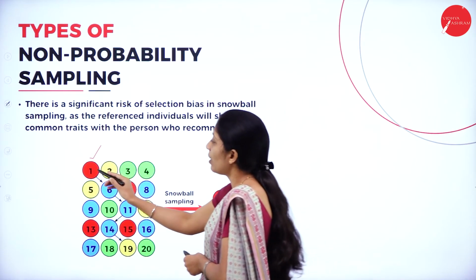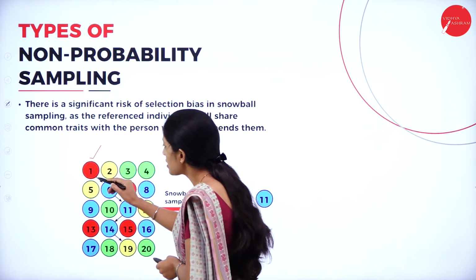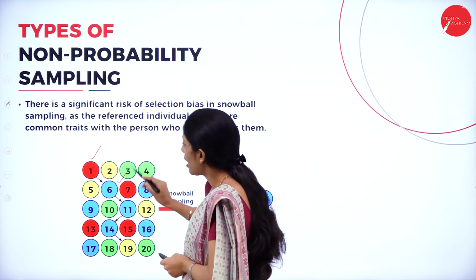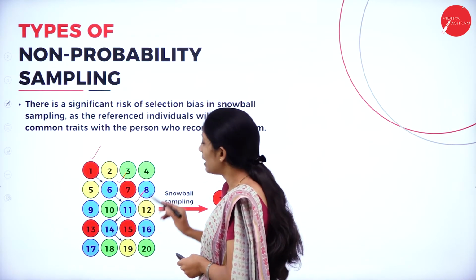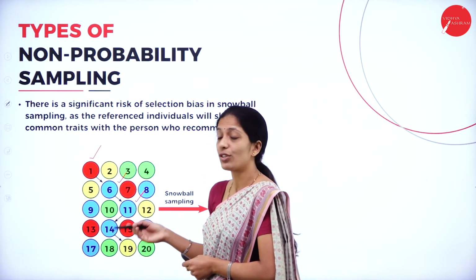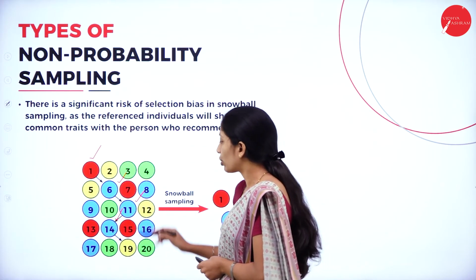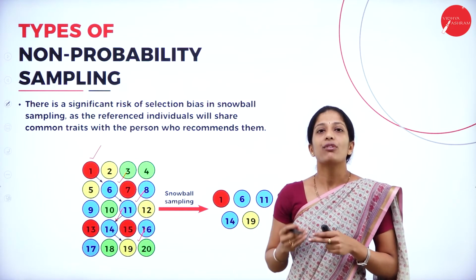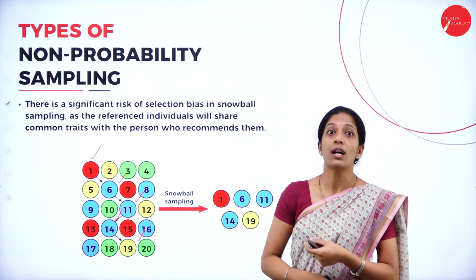He gives some information, then he recommends number 6 to give the information. Next, number 6 recommended 11 to get the information. Next, 11 has recommended 14 and 14 has recommended 19. Like this, the sample goes on increasing in a rolling manner. So it is known as what?